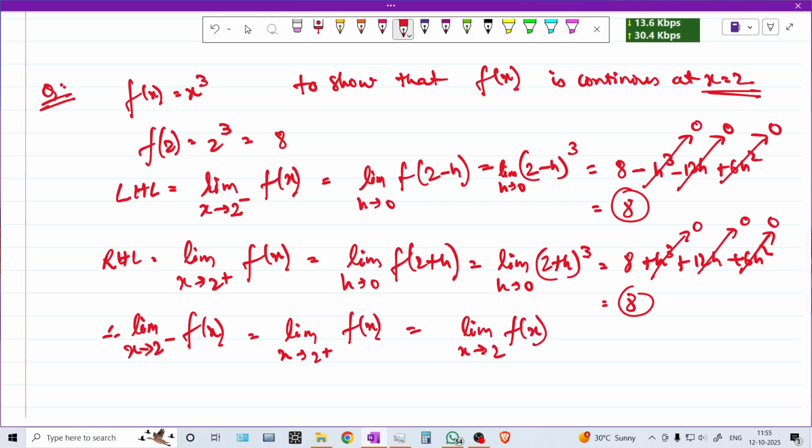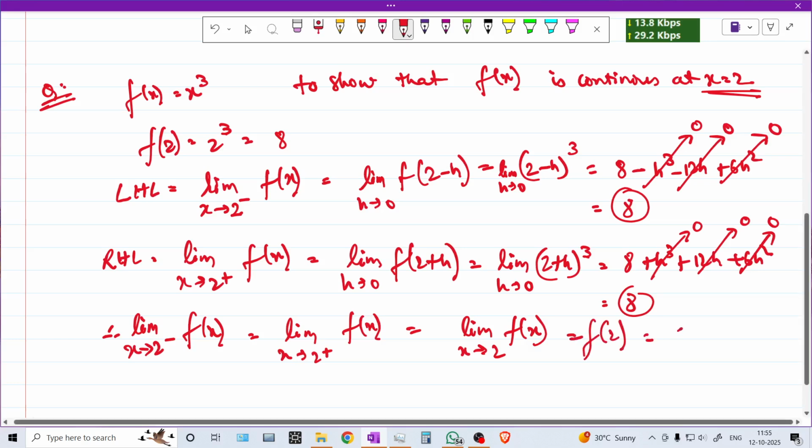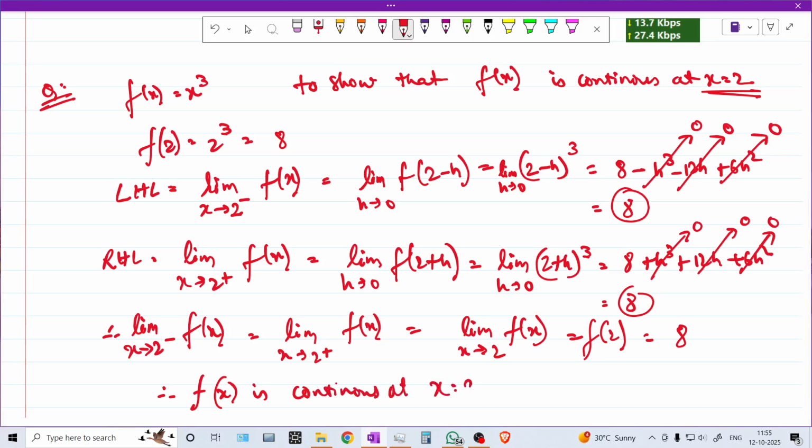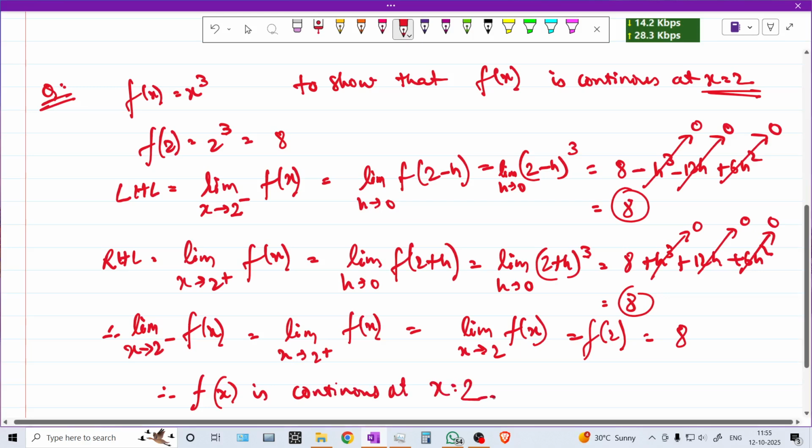Left hand limit equal to right hand limit equal to the function's value, that is f(2) equal to 8. That means f(x) is continuous. Therefore f(x) is continuous at x equal to 2. Hence proved. This question was a very easy and very basic question.